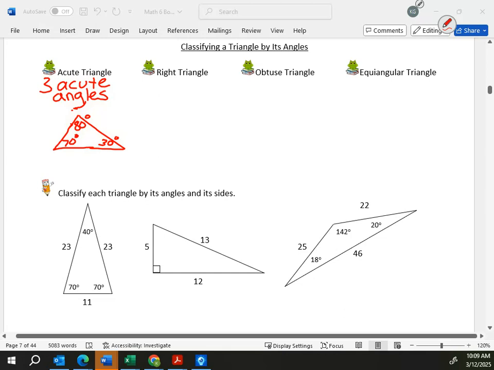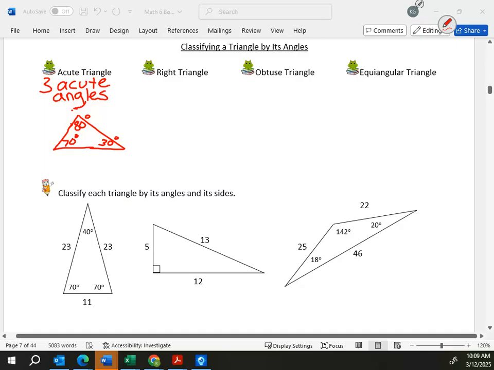They forget that their angles need to equal 180 degrees. And they might give me three acute angles, but if they don't equal 180, it will be wrong. So you have to pay attention, making sure that all your angles are acute and they add up to be 180.